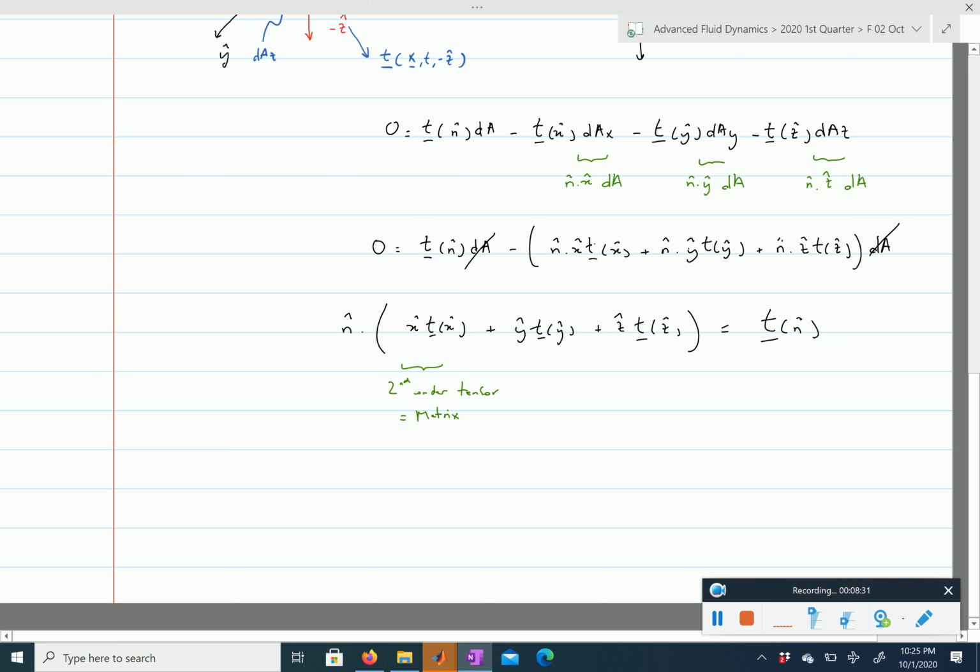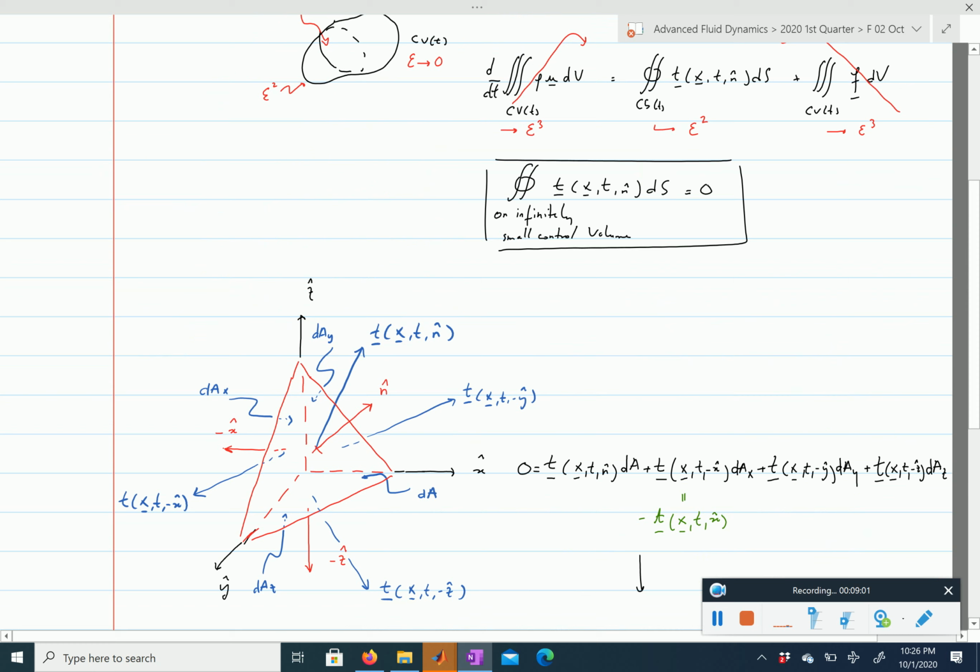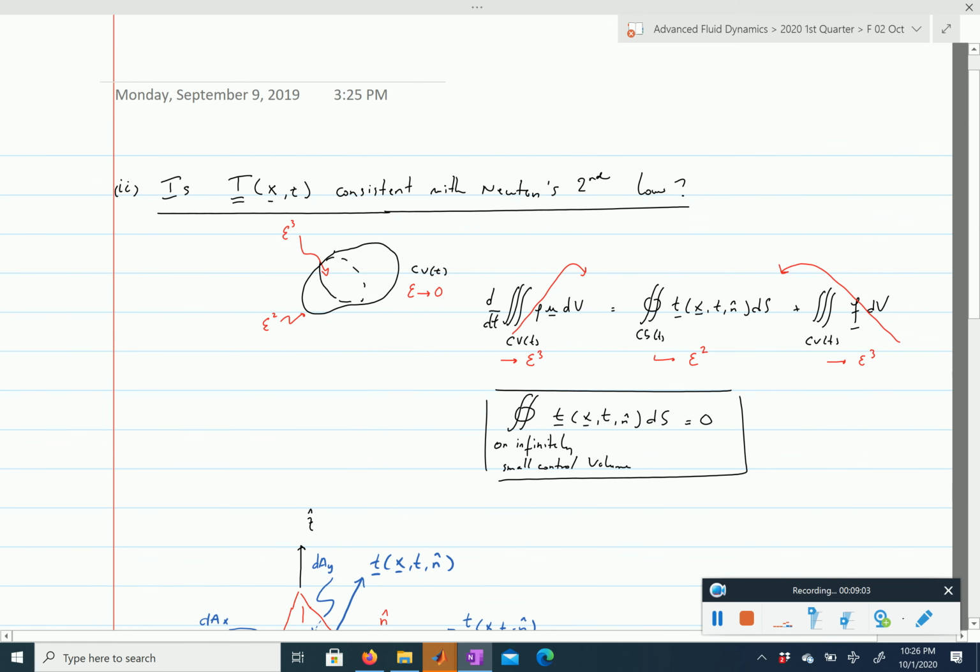So really, I have just shown that we can write our stress vector t on a surface of normal n as n dotted a matrix, and this matrix is going to be our stress tensor. So yes, this mathematical description of stress as a matrix is in agreement with Newton's second law.